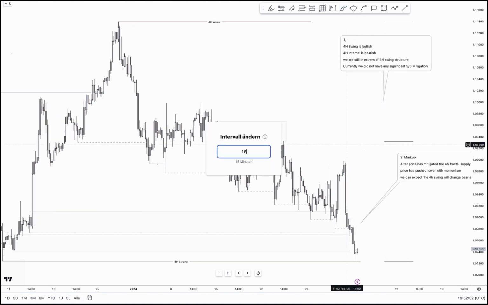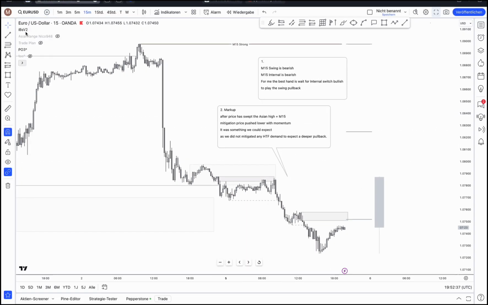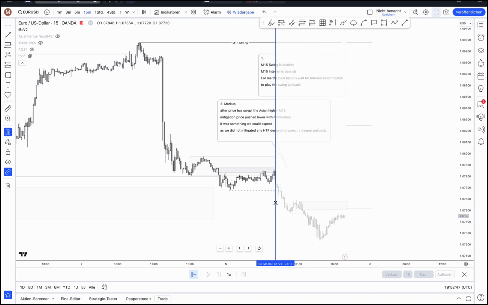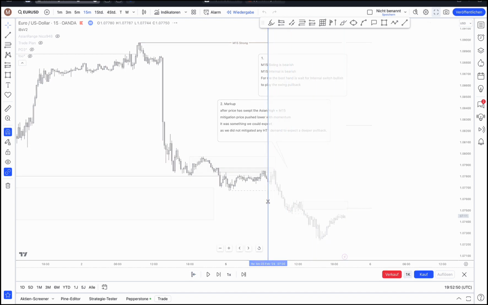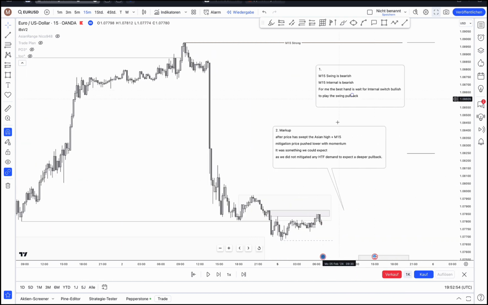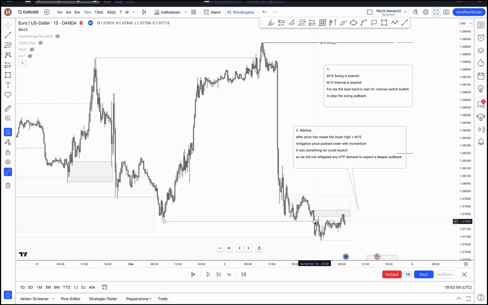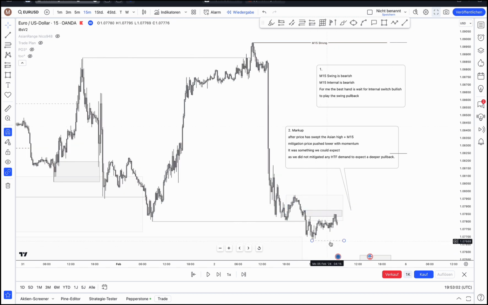Okay, let's go to 15-minute chart, and yeah, let me do the chart replay. So this I don't use actually, but I wanted to test something. Let's go to Frankfurt Open. So before Frankfurt Open, for me the swing was bearish, internal also bearish.